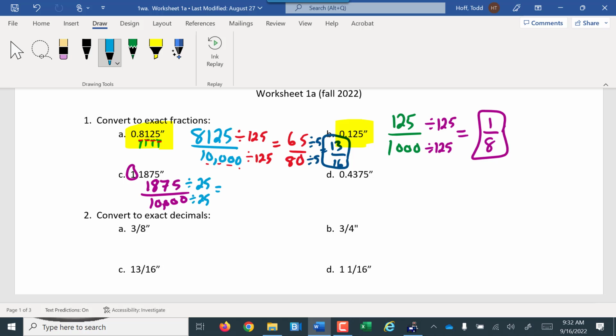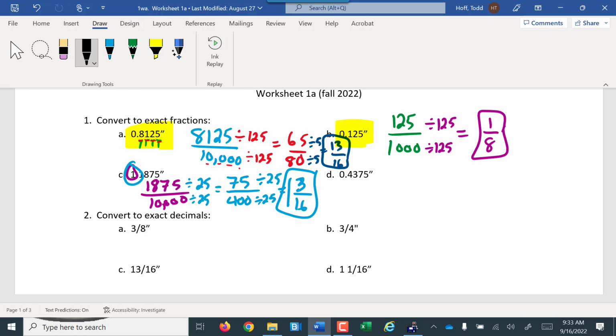So 1,875 divided by 25, what is that, 75, I believe? Over 400. And then they can both still be divided by 25. 75 divided by 25 is 3 and 16. And then we can't forget the 1 that we left off. That is 1 and 3/16.